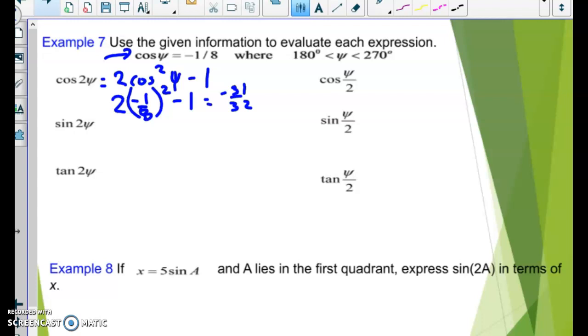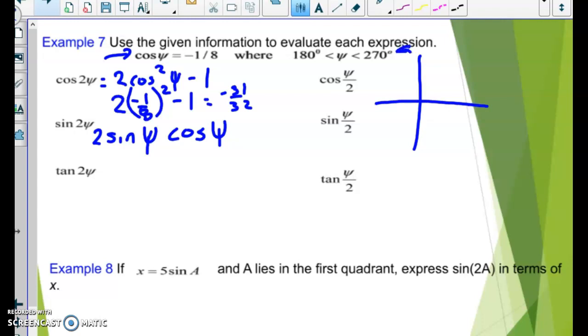Now, if I use the sine formula, I know that I can use 2 of this guy, cosine of the same guy. But wait, I don't know what the cosine is, so I'm going to go and draw a picture of the triangle that it comes from. And it says that it's in the third quadrant, so I'm going to draw something in my third quadrant.